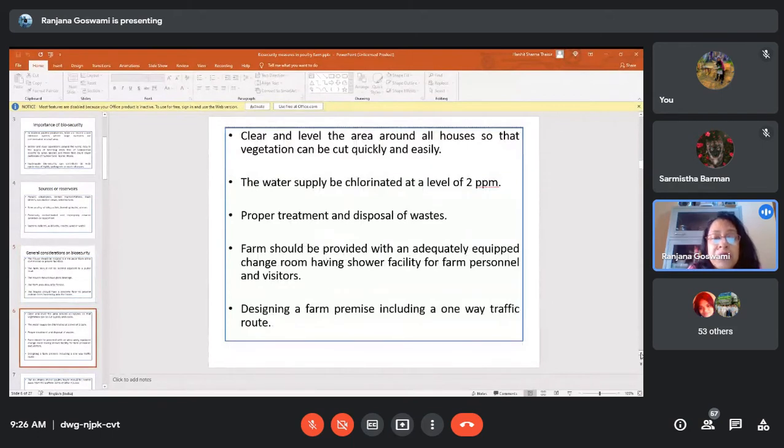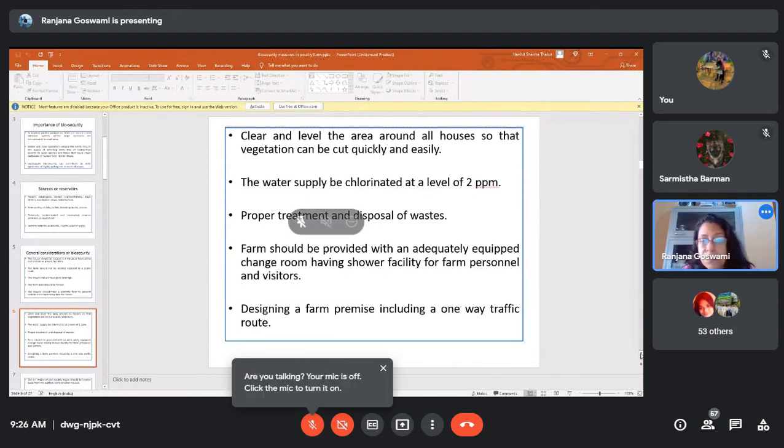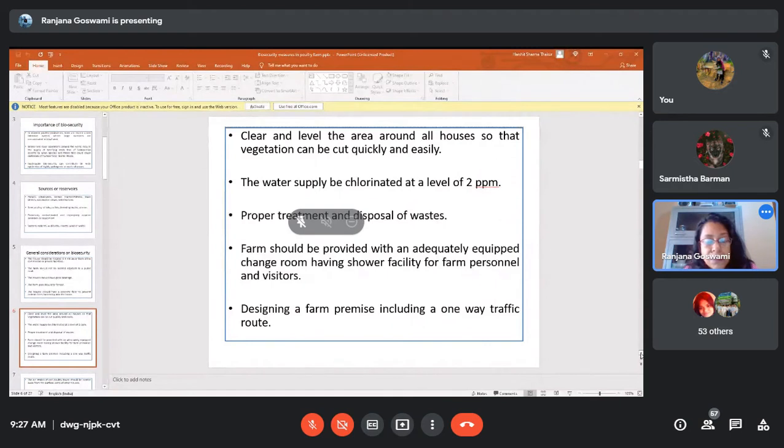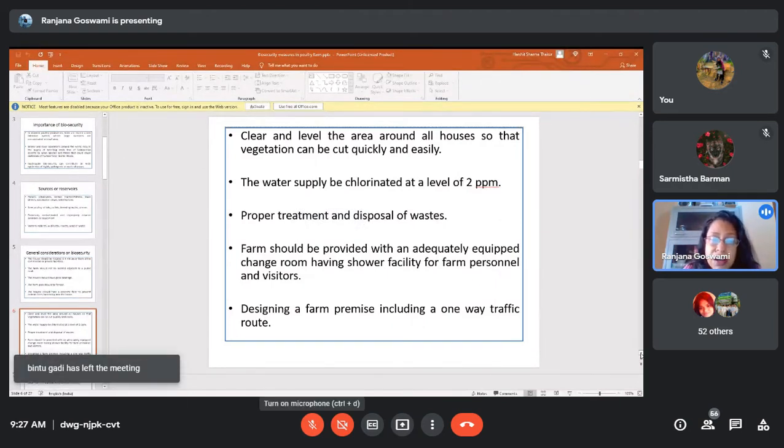So these are some of the things which you already know, but some things you may have to add. Clear and level the area around all houses so that vegetation can be cut quickly and easily. Lots of vegetation should not be there surrounding the house. What type of vegetation should you grow surrounding the house? Bushes and weeds should be avoided surrounding the house. Okay, if you have tall trees, that is not a problem.